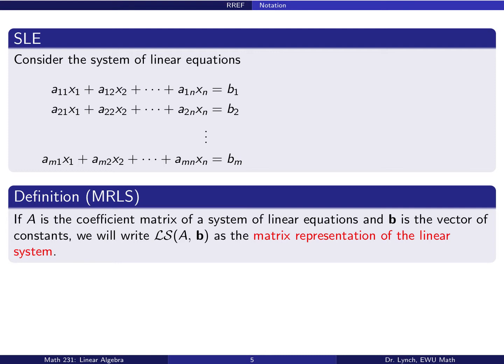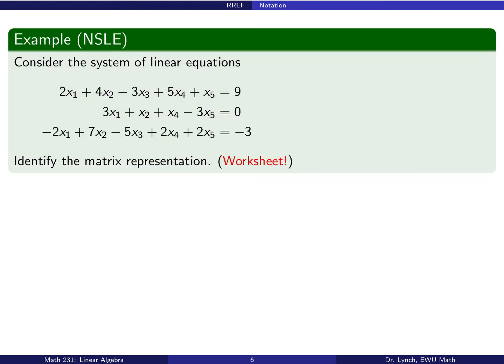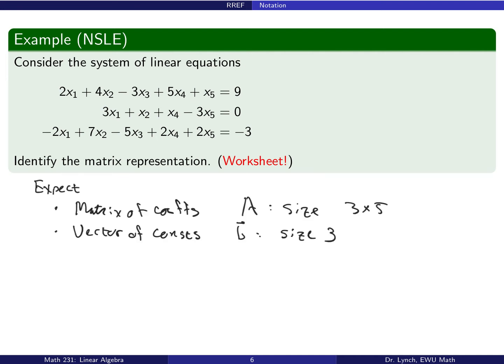So here's an example. We'll have a look at this system of linear equations and identify the matrix representation. I won't go through this in its gory detail, but we can see there are 3 equations in 5 unknowns. So we expect the matrix A to have size 3 by 5, and we expect the vector of constants B to be a vector in R3.